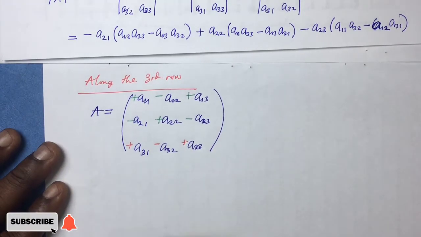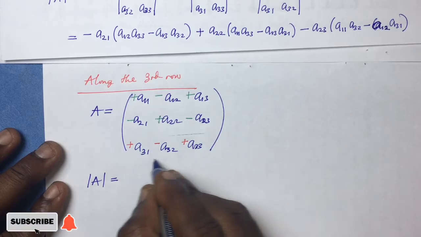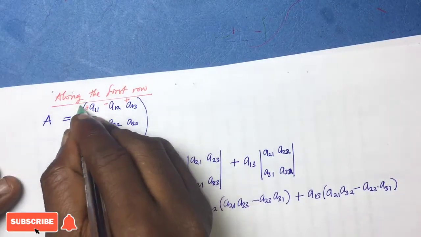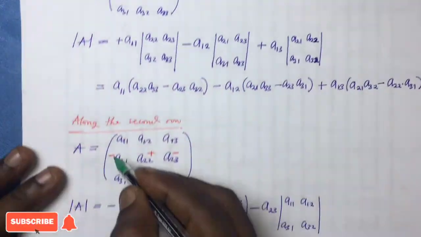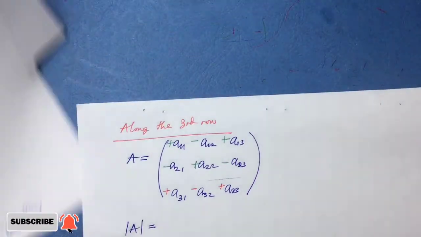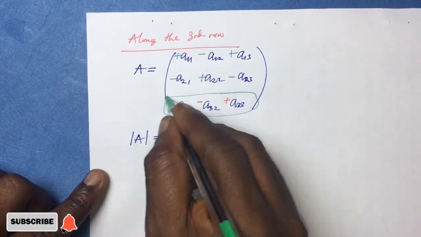So, you bring it here. The determinant of A will now be, since we are looking for it along the third row, in this case, it was along the first row. Here, it was along the second row. Now, we are looking for it along the third row. Okay? So, along the third row, we would have this.